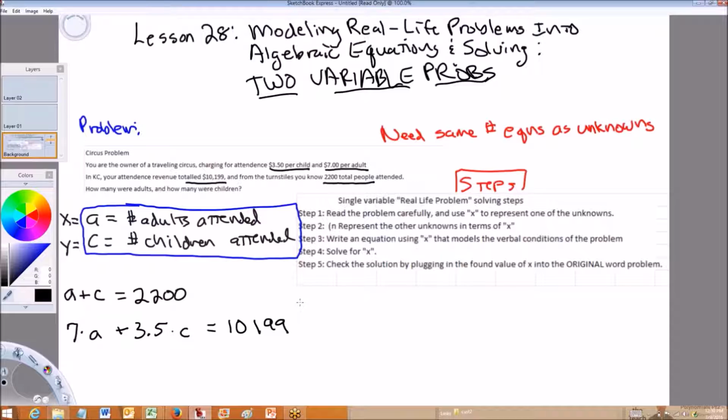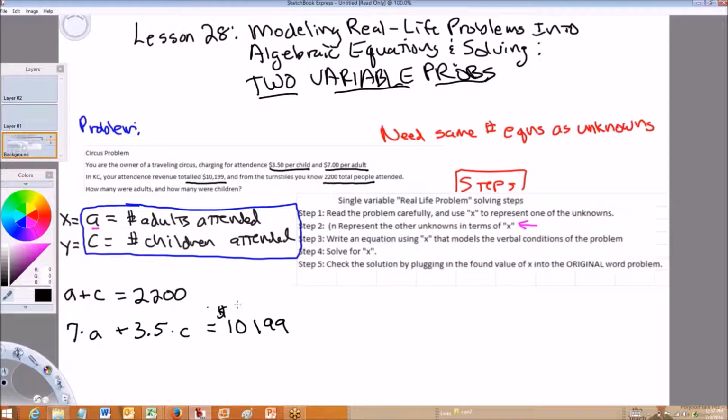$10,199. Okay, and note that step 2 says to put our other unknowns in terms of our first unknown. This states x, but instead of using x, we used A. So in other words, it's saying put the C unknown, children, in terms of A. What does that really mean? It's basically just substituting.